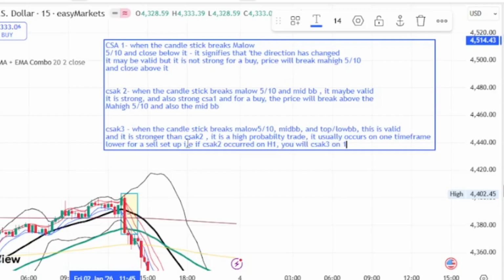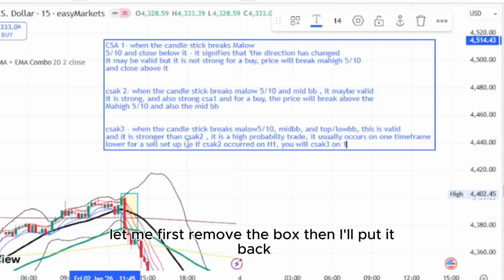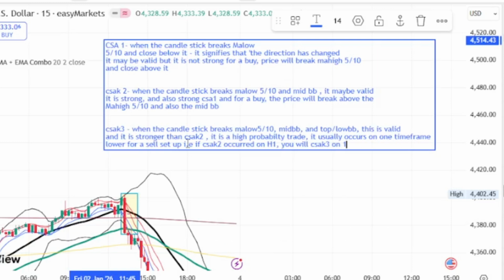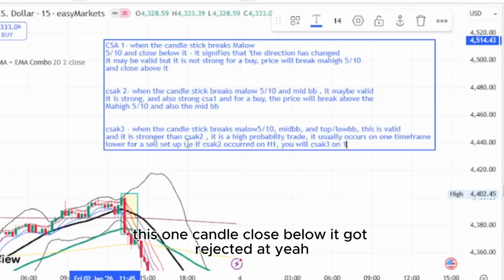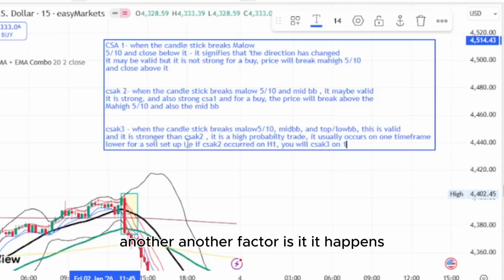Now here, let me zoom out. Here where I have my box, let me first remove the box, then I'll put it back. We'll see that this one candle closed below, it got rejected at, yeah, another factor is it occurs at the extreme.